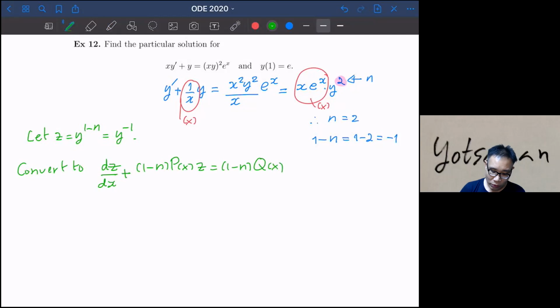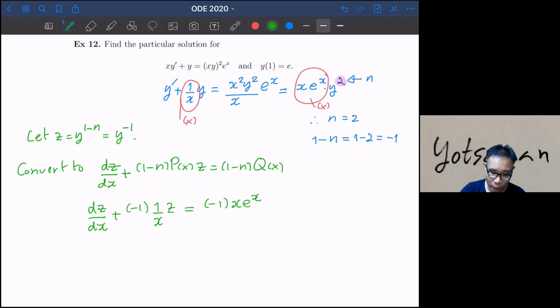So you're going to have dz/dx plus negative 1, and you have (1 minus n), 1 over x, z equals negative 1 times x e to the x for your Q(x).